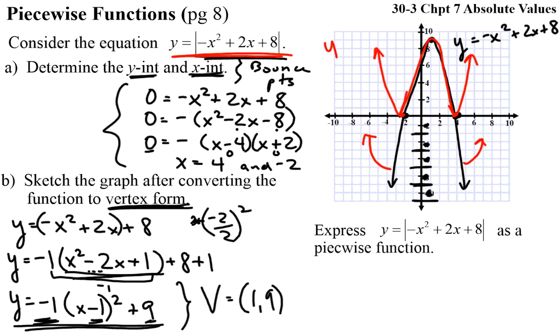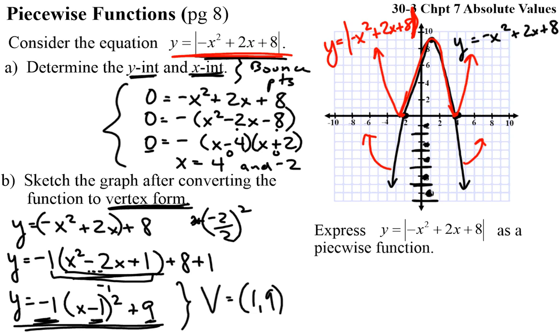So here's the y equal to absolute value of negative x squared plus 2x plus 8. Regular quadratic becomes an absolute by taking the y values that are negative and reflecting them to be positive.